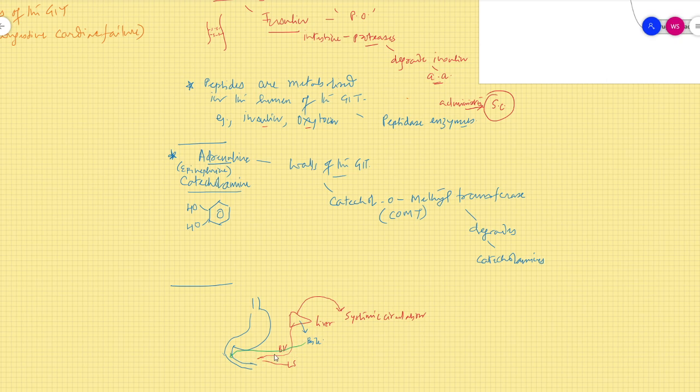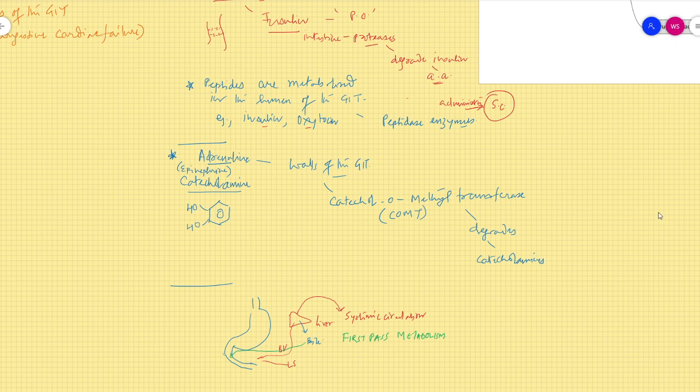Whatever is absorbed goes into the liver mostly, the splanchnic circulation takes it to the liver, and then there is metabolism, and then it comes into the systemic circulation. So this process is called first pass metabolism. Okay, so we need to remember what is first pass metabolism.